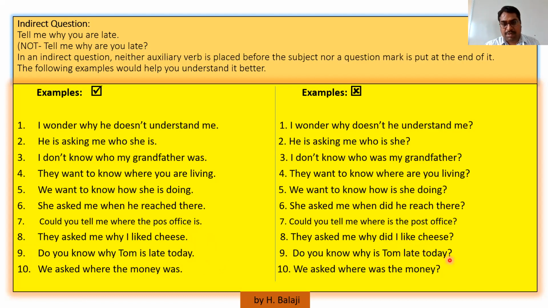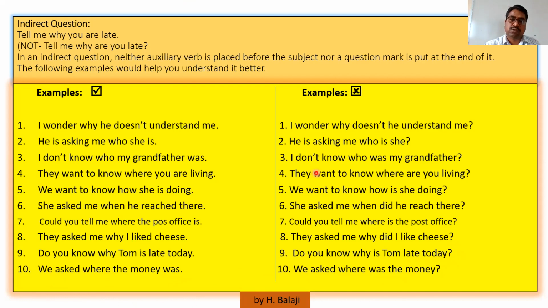Again, this is incorrect, because this helping verb, modal auxiliary, is used before Tom, that is the subject, and again the question ends with a question mark, right? So this is incorrect. Now last example, we asked where the money was. This one is correct, and we asked where was the money. This one is incorrect.